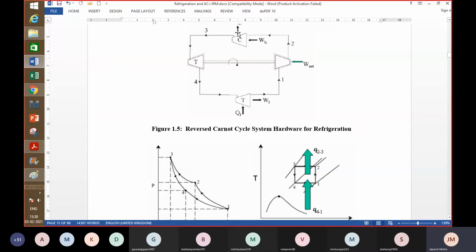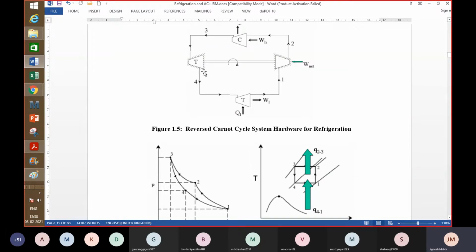Only if you can reject it very rapidly can a process become isothermal compression. So here a compressor is shown, but it also has to reject heat along with this compression process. So that is about process 2-3.